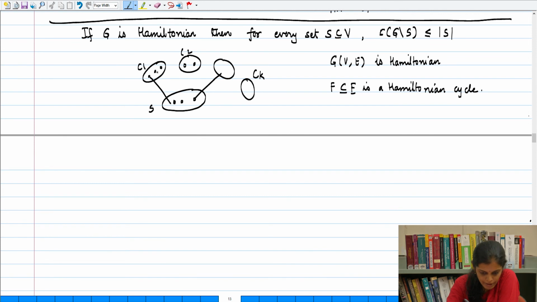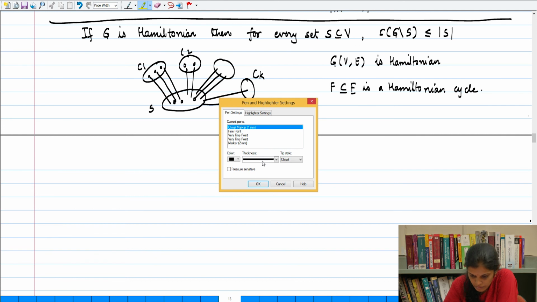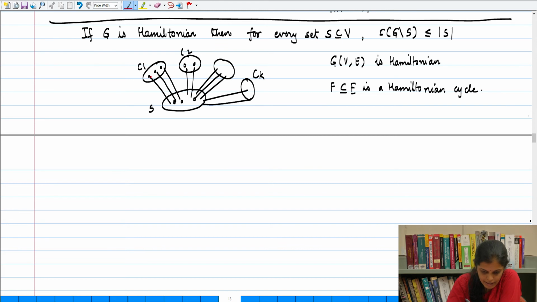So now let me draw these. The black edges are the edges which are present in the graph itself, right? These are not necessarily the edges of the cycle, and some of these black edges are going to be cycle edges. So let's say that the cycle may be going like this, it goes like this, it again goes like this, then it comes back, then it traverses for some time inside this, and so on.